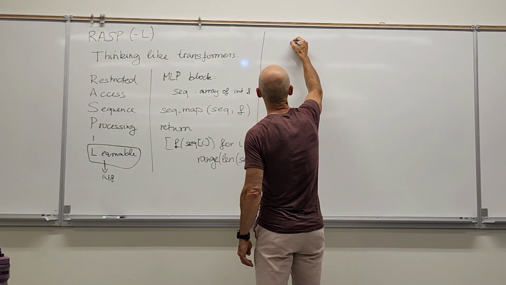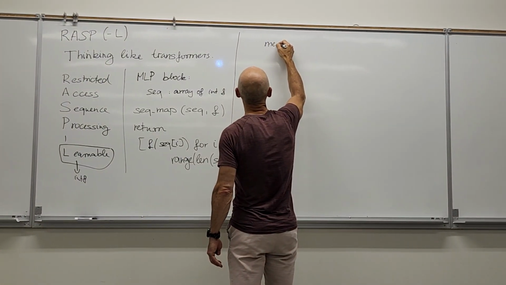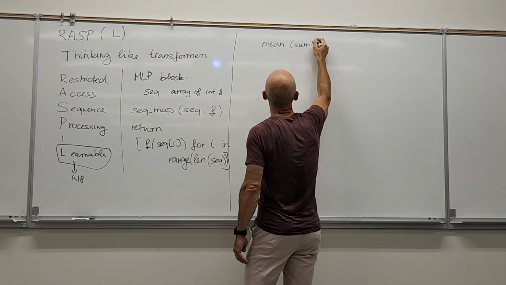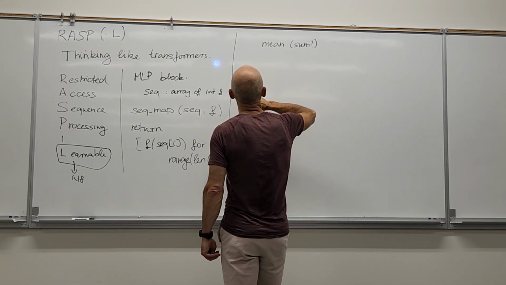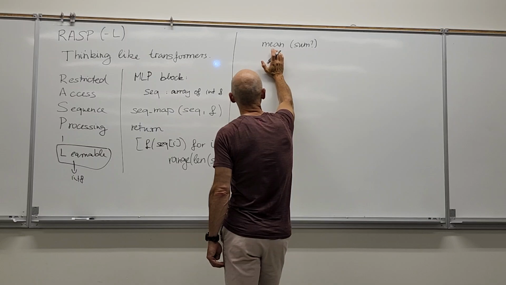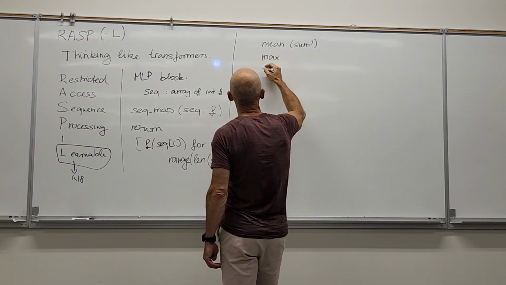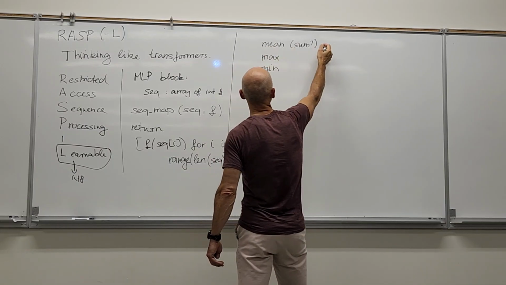So one of them is mean, and it's not the sum. Why it's not the sum? I don't know. And the other is the max, and the third is the min. So these are the aggregation functions.